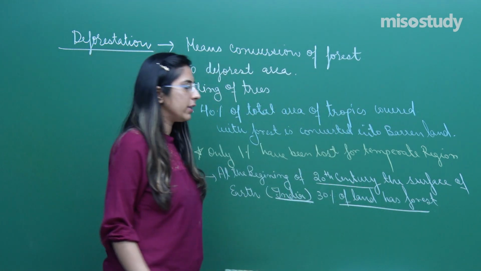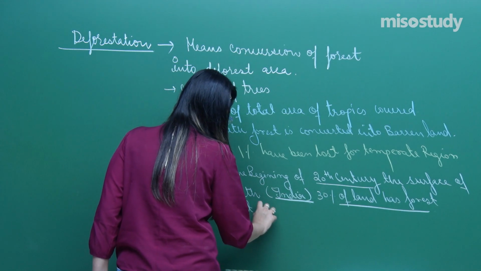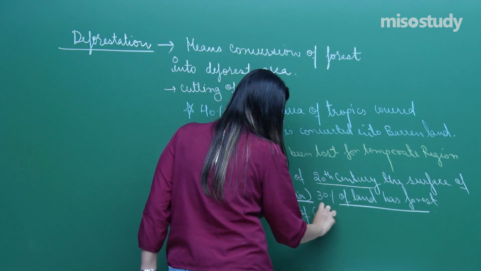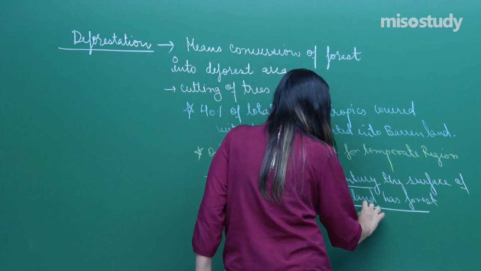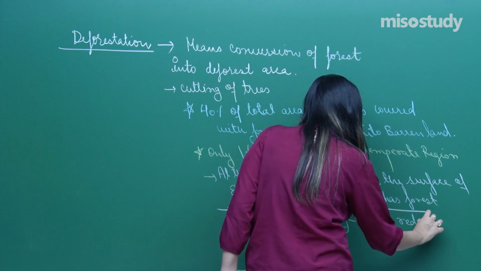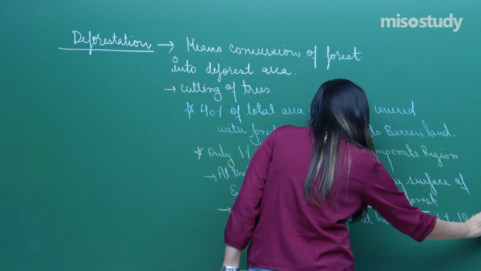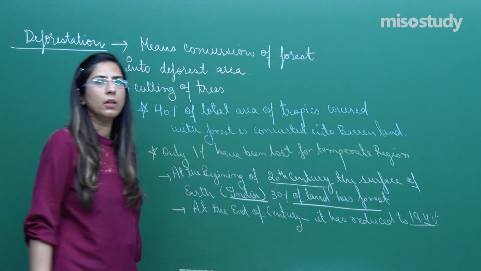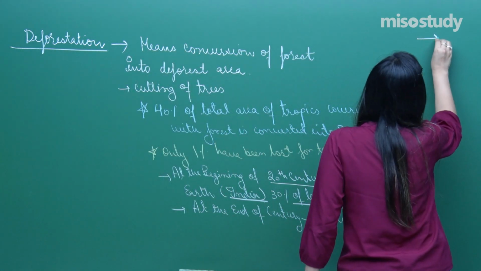Now this value has reduced to 19.4%. So at the end of the century, it has reduced to 19.4%.